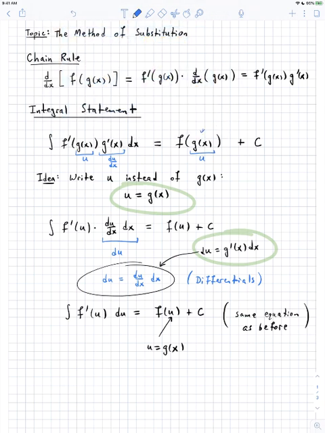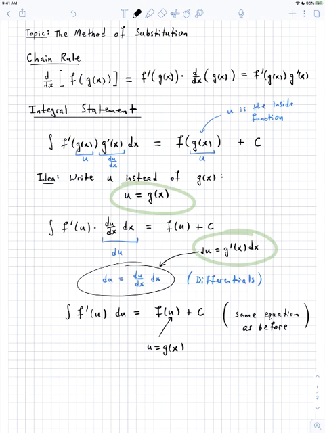So u is the inside function. So you need to figure out what u is so that you can write the inside function as u, and the derivative of the inside function, g prime, becomes your du. So when we start doing examples, that's going to be our main objective, to identify the inside function and call it u.